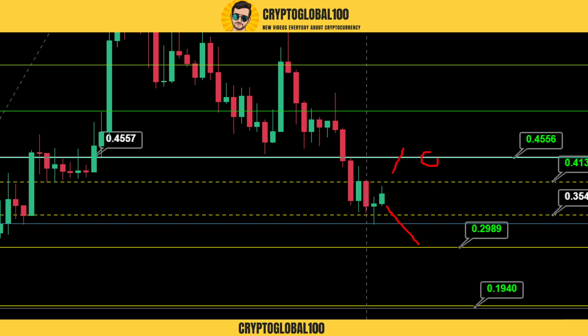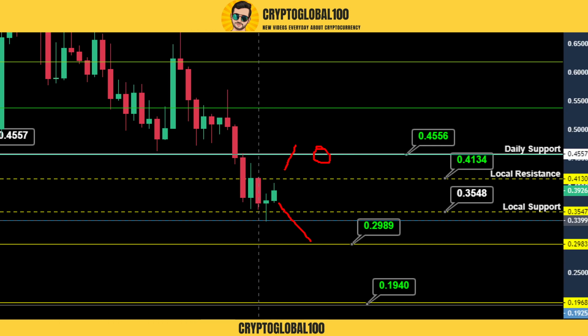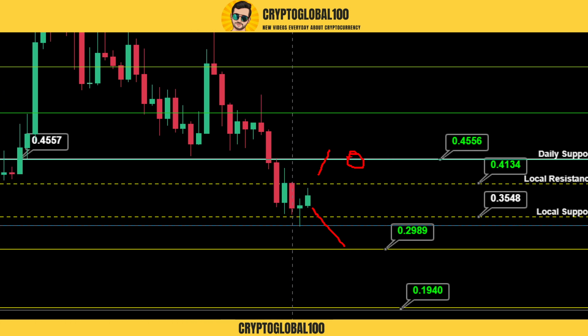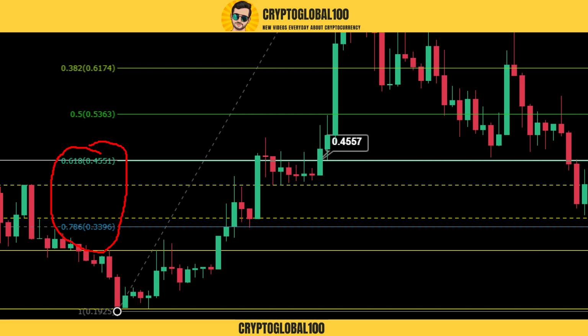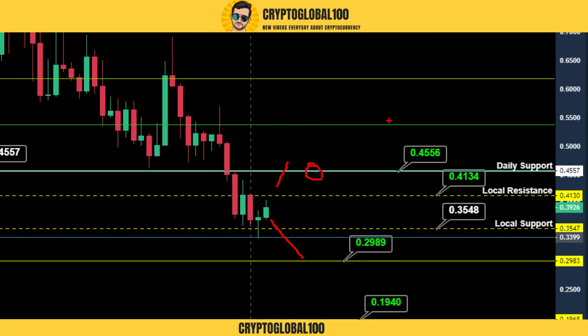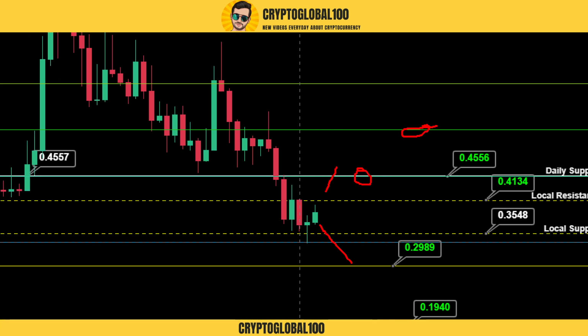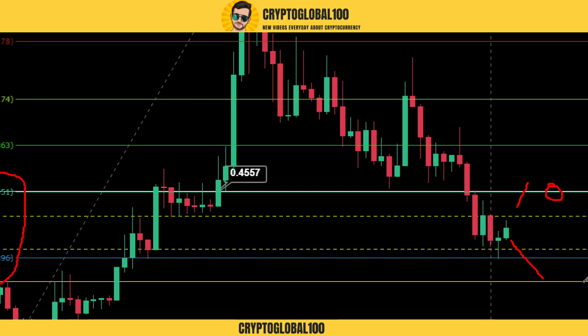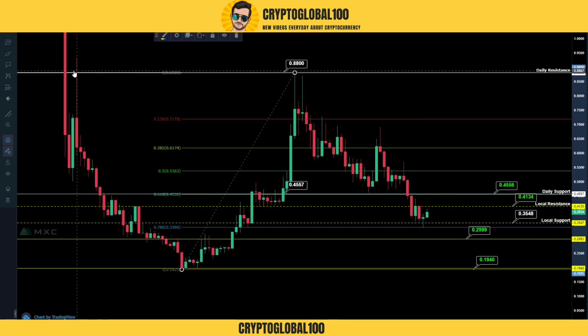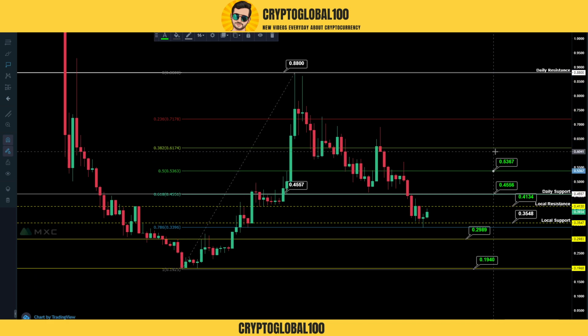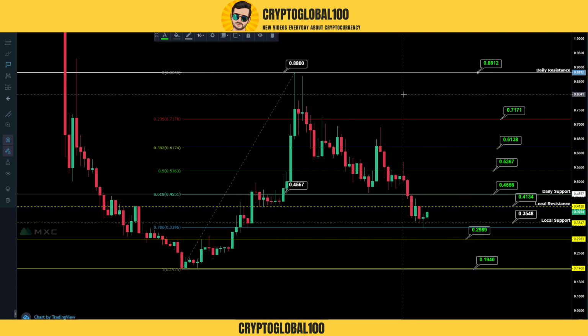So once we break this resistance 0.4556, then we are going to the next level, that would be this one, 0.55, and the price then moves on to the next level. If I draw this one here, this one is also a good spot. Those are the price levels for now.